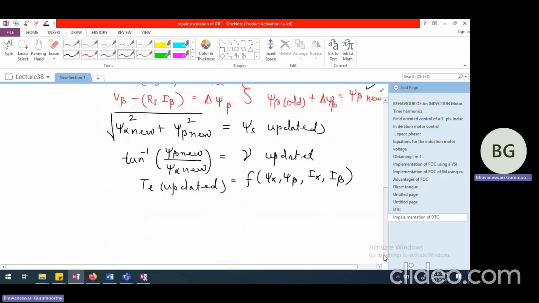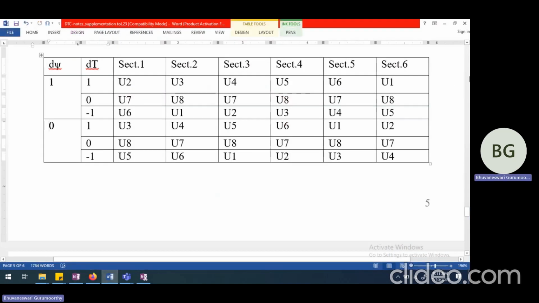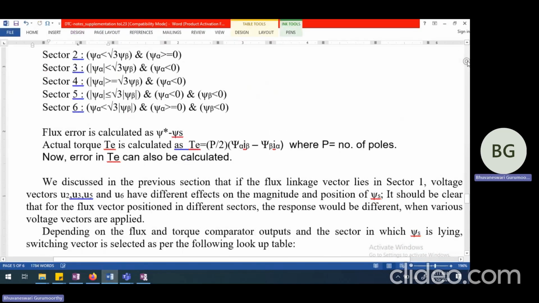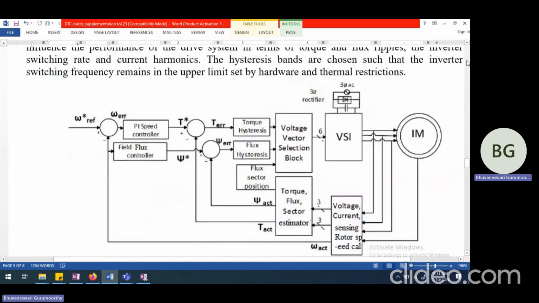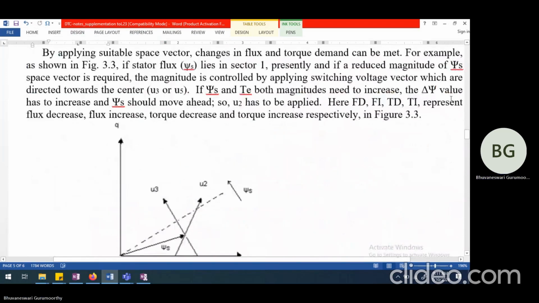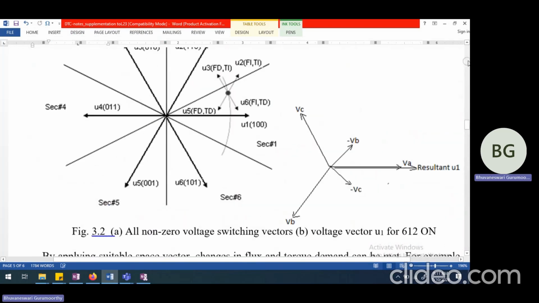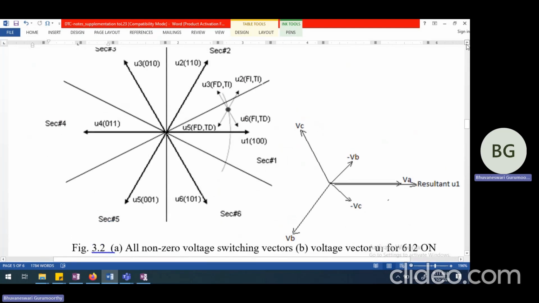So let us now take a look at the sector positions we talked about. Let me go back a little bit. I will show you a diagram where we are looking at the different sector positions of the flux linkage. So this is the flux linkage.